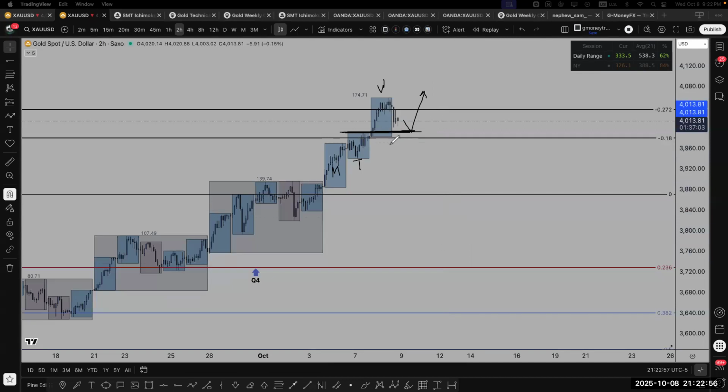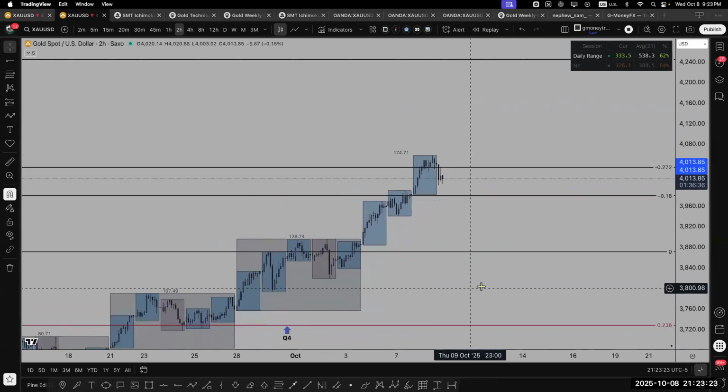And if it doesn't, the 50% of Tuesday is going to be an area again that decides if it wants to bounce above as well. Monday's high is also there as a confluence support and resistance area, right? So long story short, we need to break the negative 18 of that quarterly to really go down below, from this point of view.